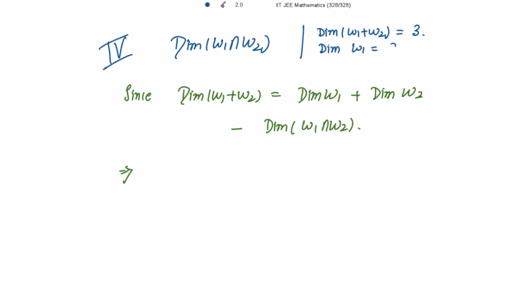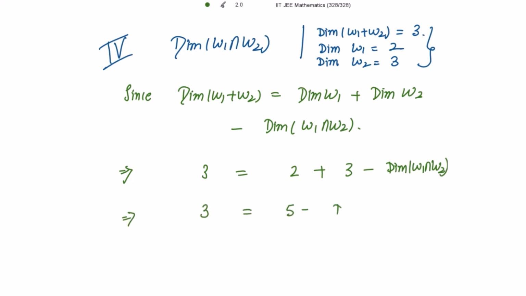Dimension of W1 is 2. Dimension of W2 is 3. So just putting these values, this is 3 equal to 2 plus 3 minus the dimension of W1 intersection W2. So this is 3 equal to 5 minus the dimension of the intersection of the subspaces.